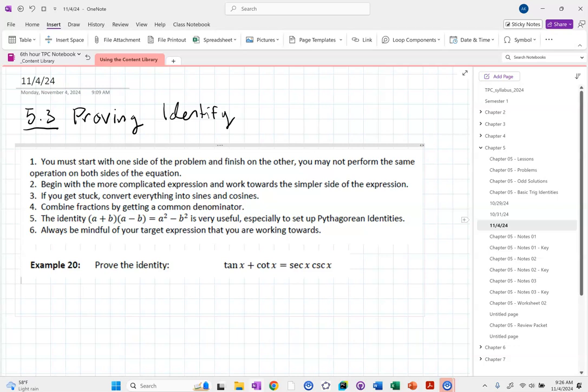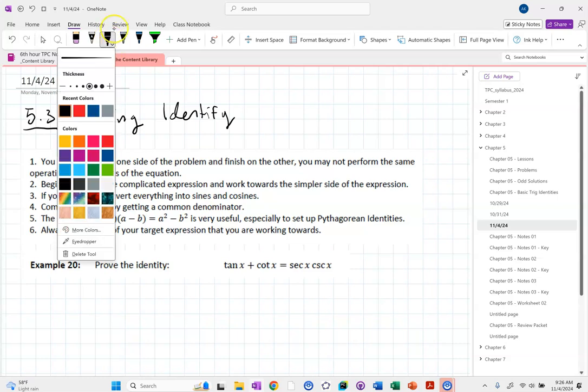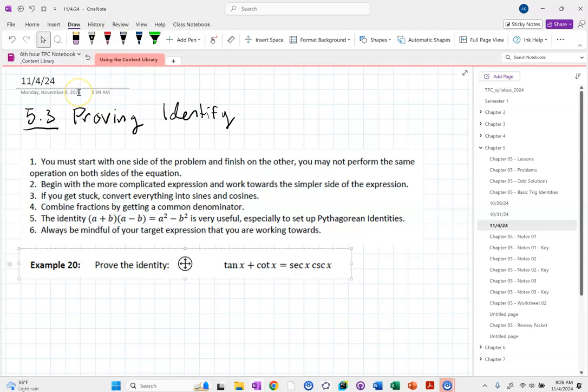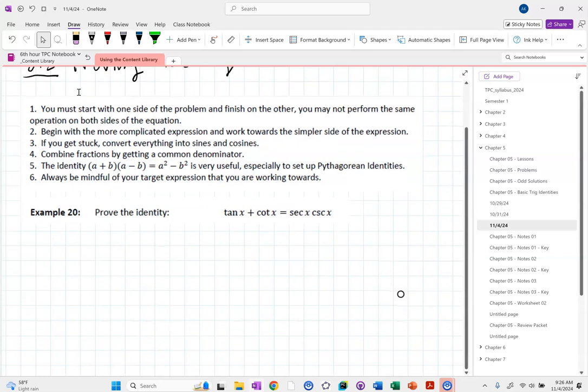Okay. So if I look at this, to turn tangent plus cotangent into secant times cosecant, I'm somehow going to have to add these things together, right? Combine them into one thing.